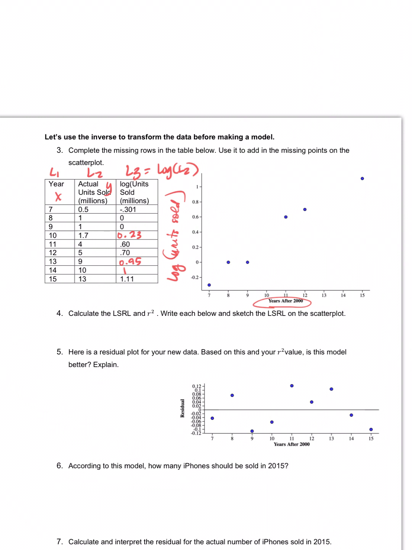Now, I would use this in my calculator. I could calculate this, right? I could find the least squares regression line doing that stat calc thing, right? Where x is L1, but this time y would be L3, right? So to save us a moment, I'll tell you what it comes out to be.